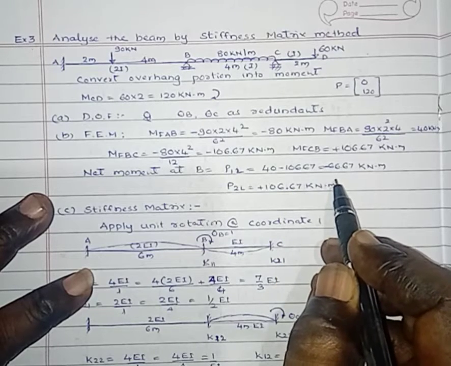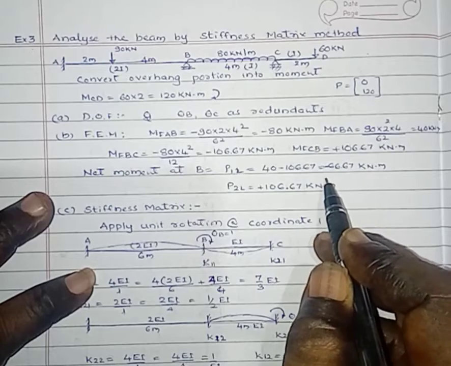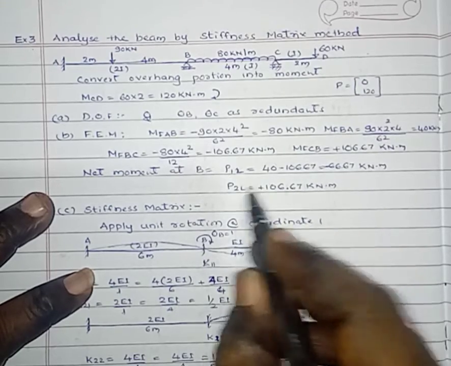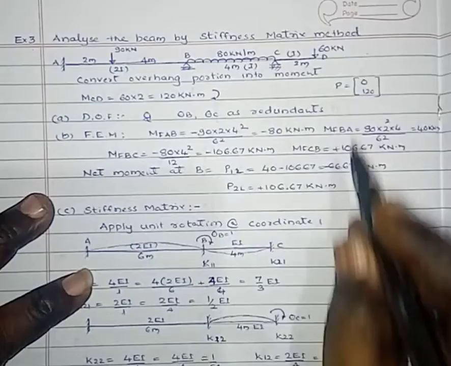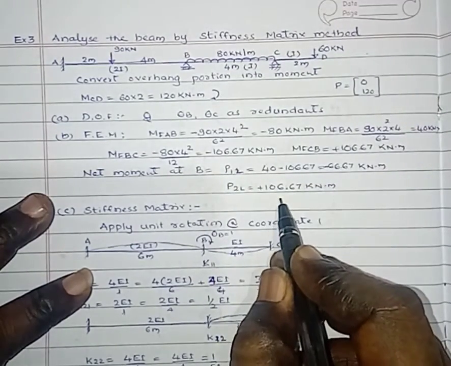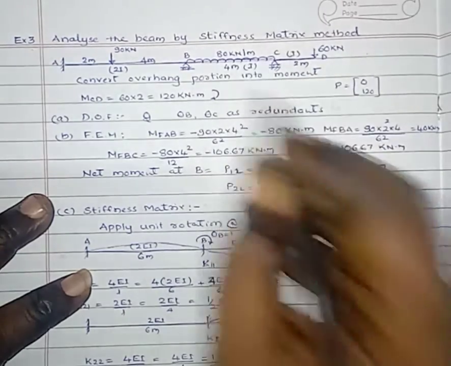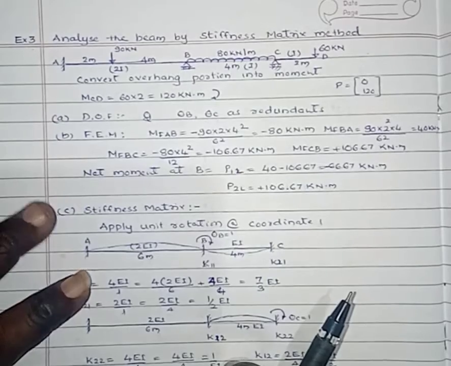Here the net moment at B, or coordinate 1, is minus 66.67. Similarly, at coordinate 2 the applied load is 106.67 due to the fixed end moment, in the clockwise direction, hence positive.